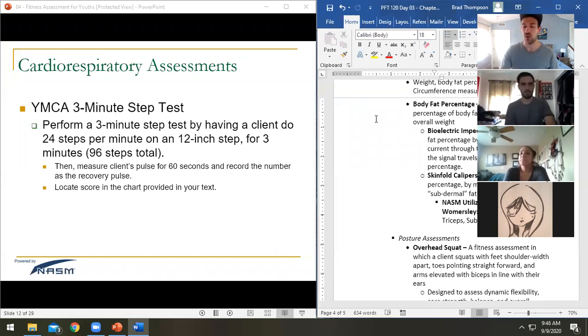Lean body mass is very similar to your fat-free body weight. Lean body mass and fat-free body mass are very, very similar, except that lean body mass does also have your essential fat in it.